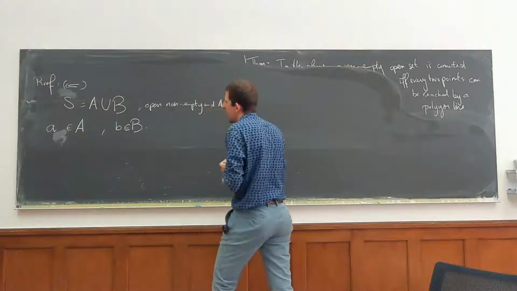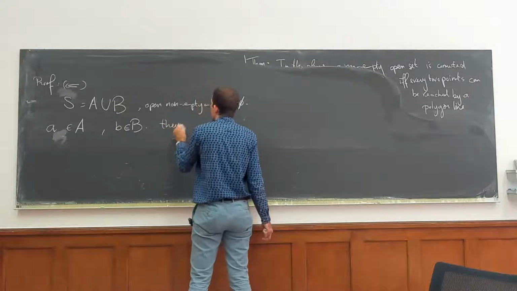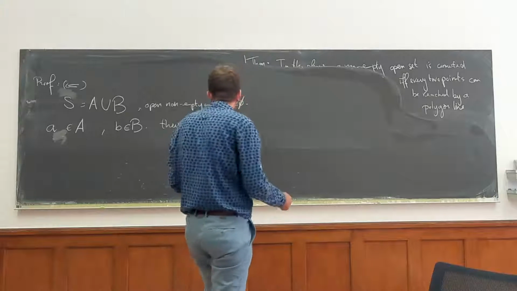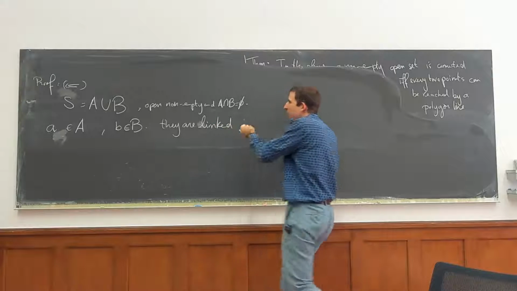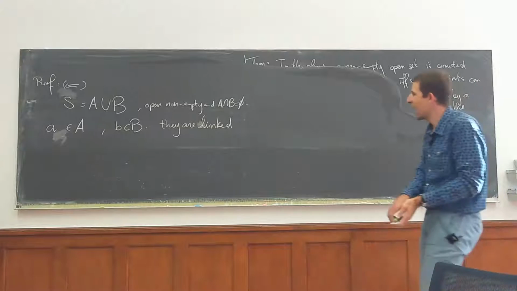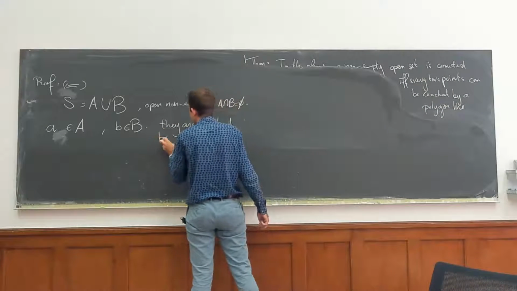But since they are connected by a polygon line... I shouldn't use the word connected. They are linked. Otherwise, it's not a good habit to use words that are also definitions. They are linked by a polygon line.